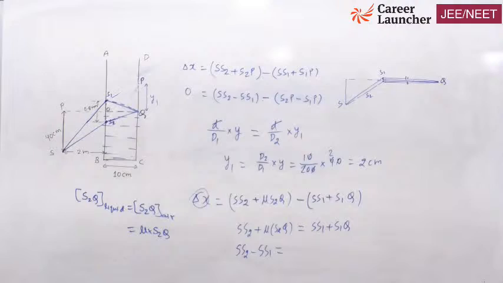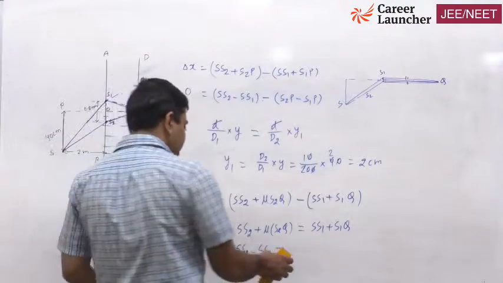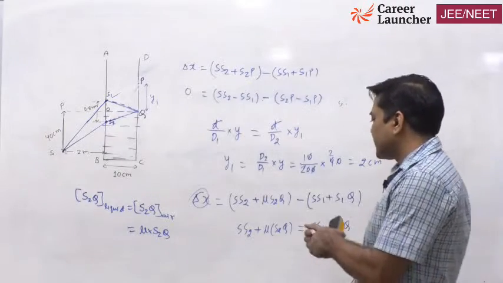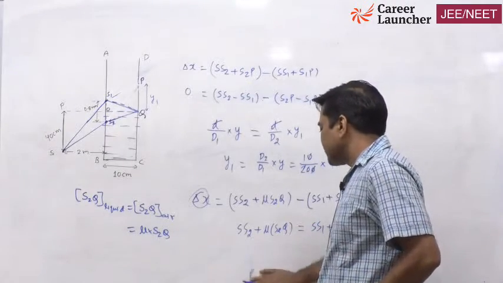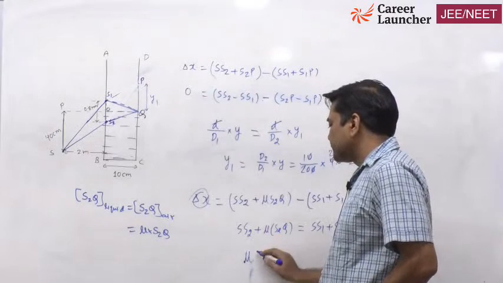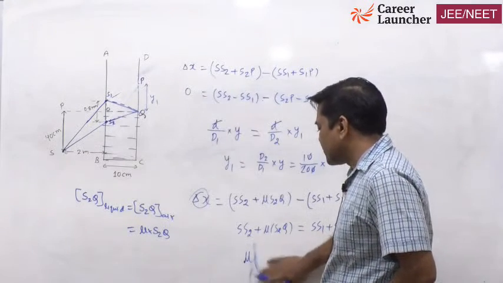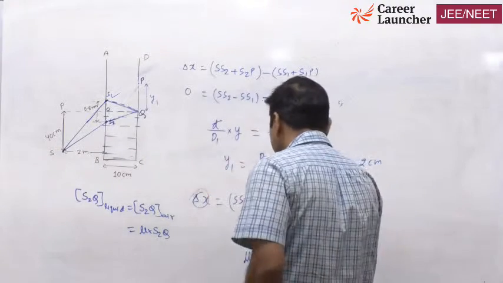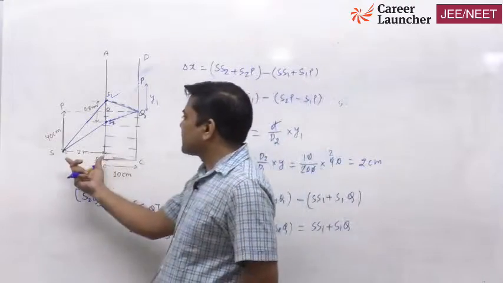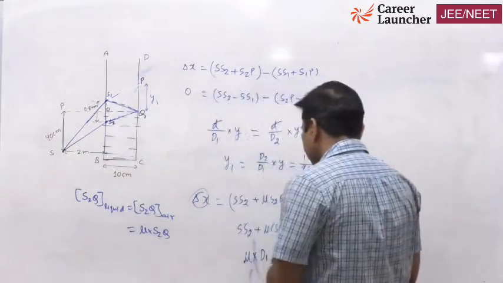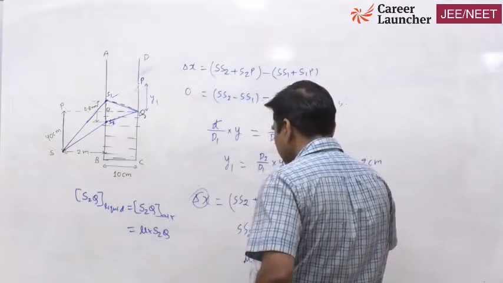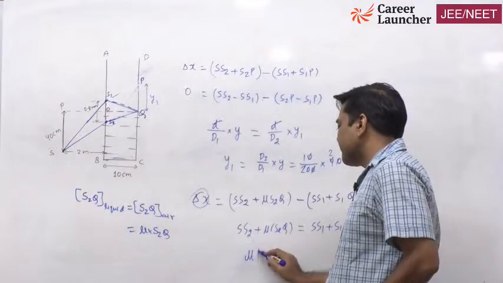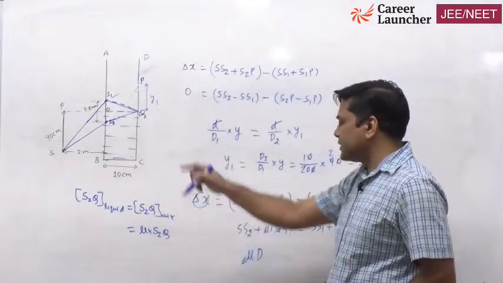Since Parv has given the answer, I'll tell you the answer over here. So mu times S2Q, which I'm going to write as D2, D1. I think I have taken this as D1, this is D2. So S2Q, or should I write this as mu into D, distance D, S2Q.